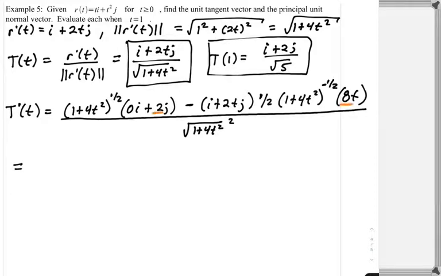So we're going to factor out a 2 out of both of the terms up here, and then we're going to factor out the lowest power of 1 plus 4t squared, which would be (1 plus 4t squared) to the minus 1/2.